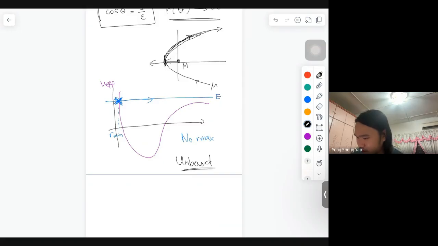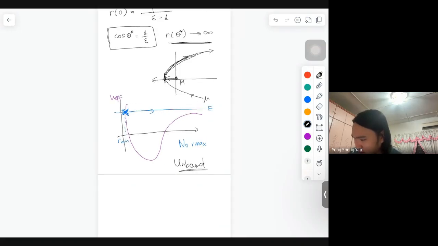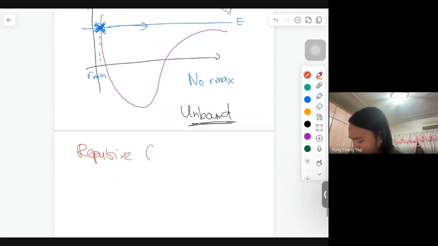So remember that. I think the right way to draw this is that it goes here and then flies off, because it's a repulsive force. Remember, the repulsive force is F of r equal to plus k over r squared.